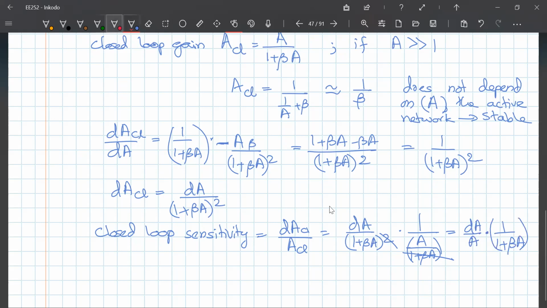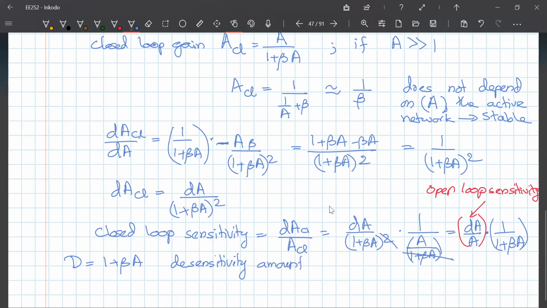What is this component here? This is the open loop sensitivity. But we know beta is slightly small, A is very large, so 1 plus beta A is a large number. So 1 over 1 plus beta A is a very small number, right? This 1 plus beta A is called the desensitivity amount.